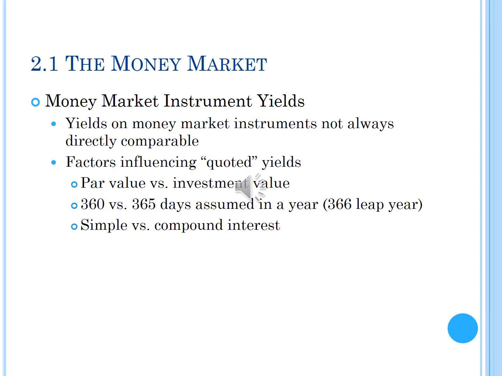So you need to take these into consideration as an investor when you attempt to compare different money market instruments against each other to decide which one would be more suitable for your investment portfolio.